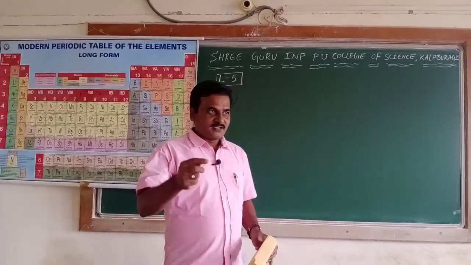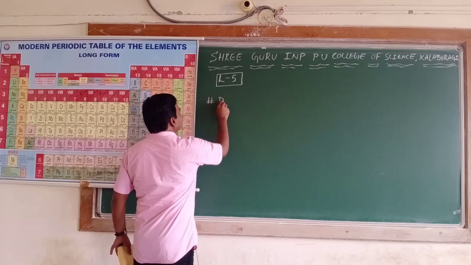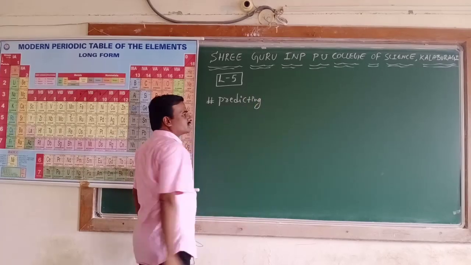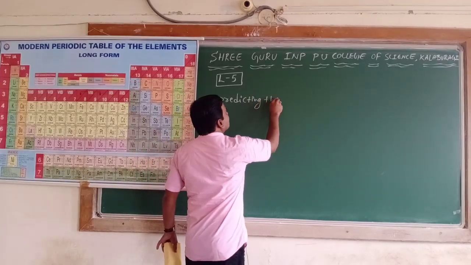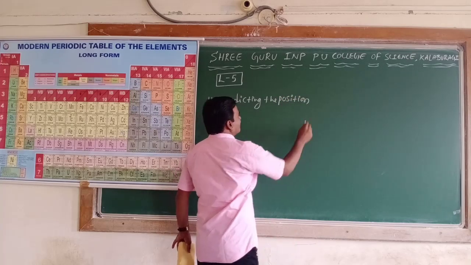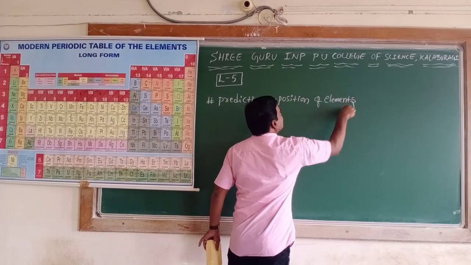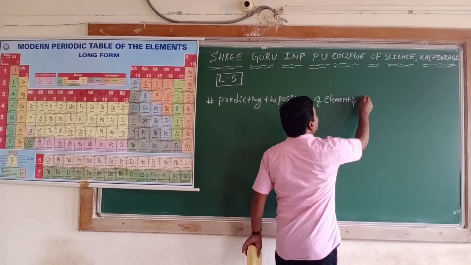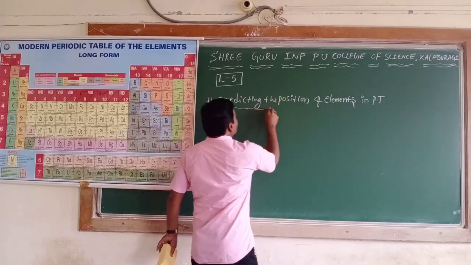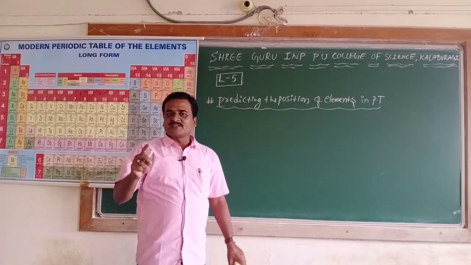Well, the class starts with the title predicting the position of elements in the periodic table. How to predict, how to locate the position of an element in the periodic table.